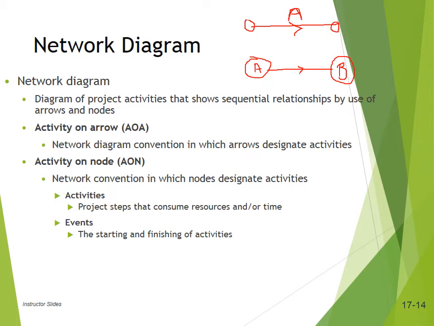So again, these are two conventions of network diagram. One is activity on arrow. This A is an activity here, and it is represented on that arrow.